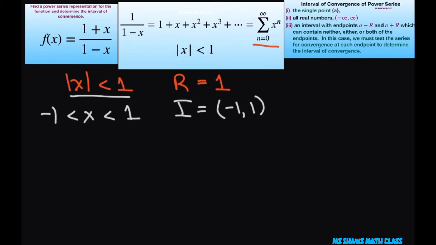All right. You could have done it this way. You could have written this as what we did before, f of x equals 1 plus x times 1 divided by 1 minus x.